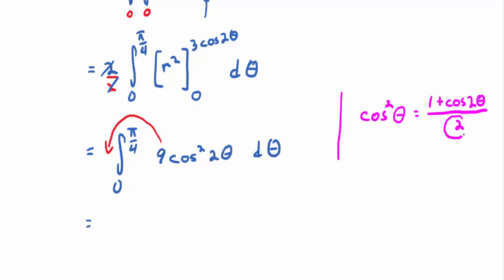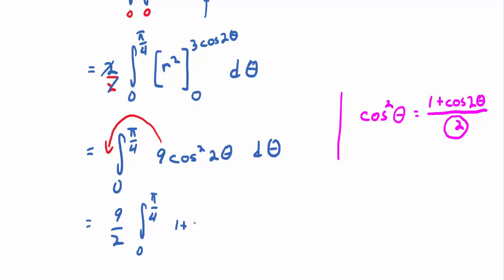Also, this division by 2, can I pull that out in front of the integral? Yeah, make life easy. So that'll come out as a 1/2, but I can also bring the 9 out, so that comes out as a 9/2. Integral 0 to pi fourths. And then we just end up with 1 plus cosine of 4 theta in the integrand.